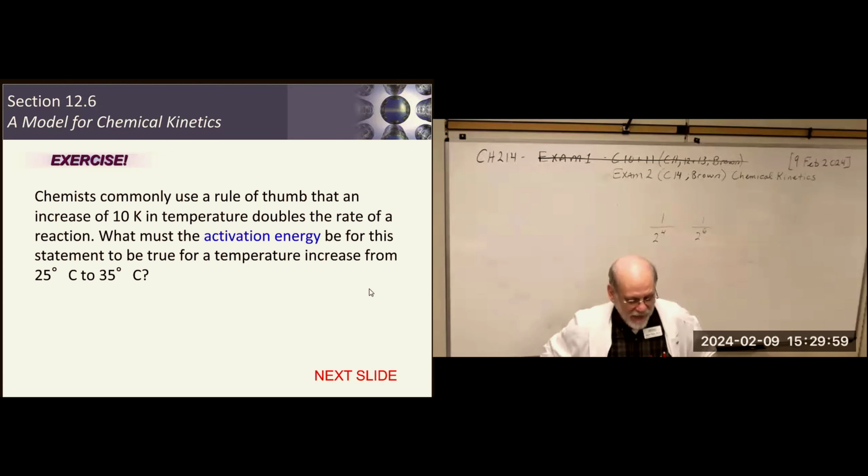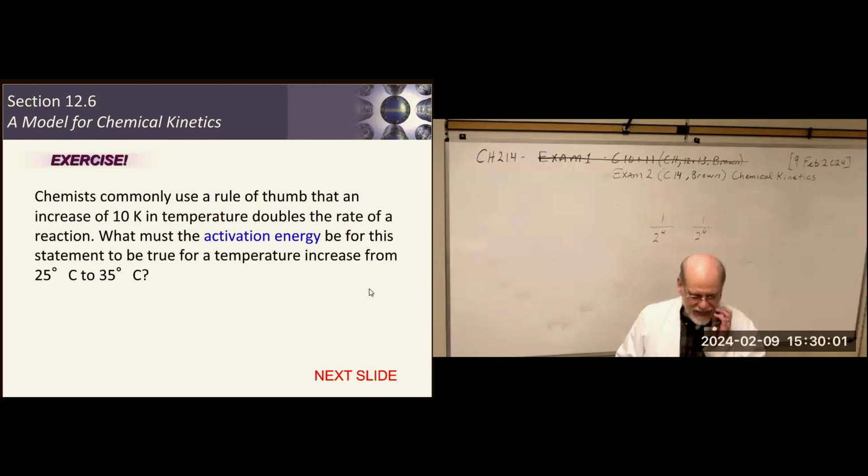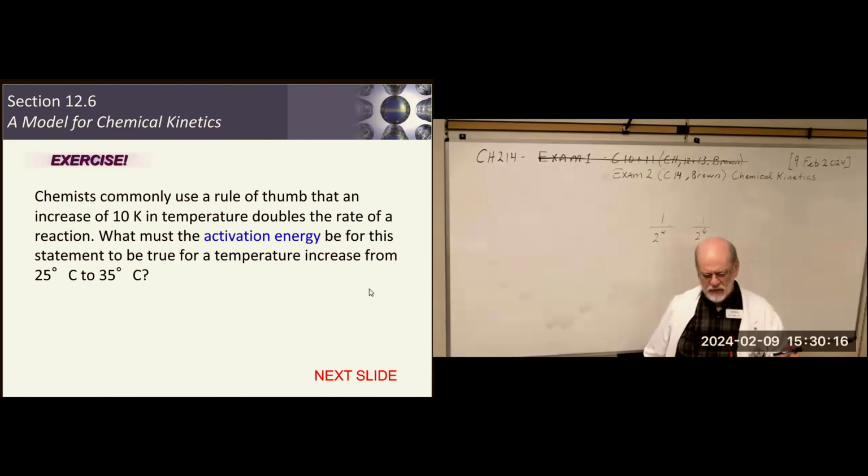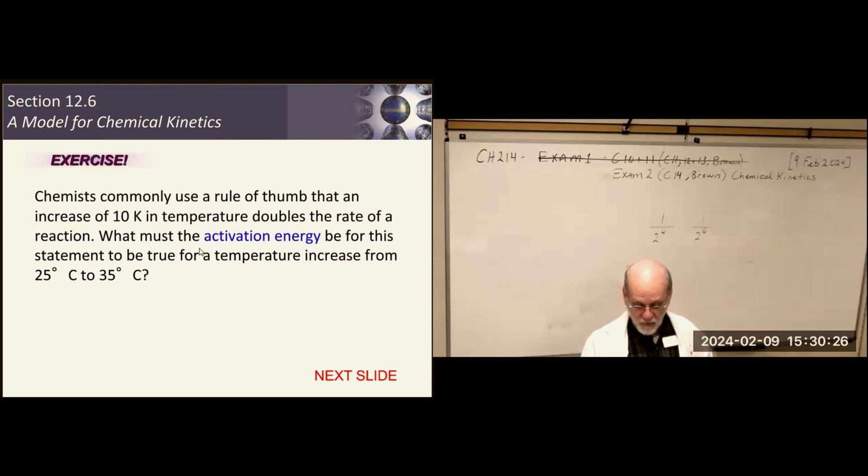Okay. What I wanted to know when I created this slide was, what is the actual activation energy required for a reaction to fit this rule of thumb? So I had to pick degrees. I said, okay, let's say between 25 and 35 degrees. That's a 10-degree move. Then I went to the Arrhenius equation.